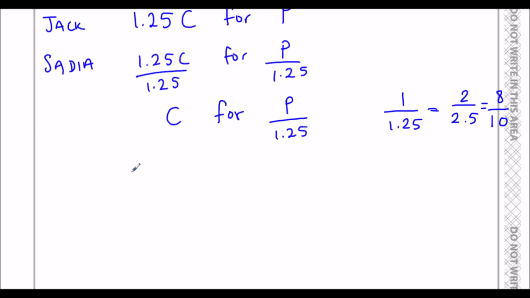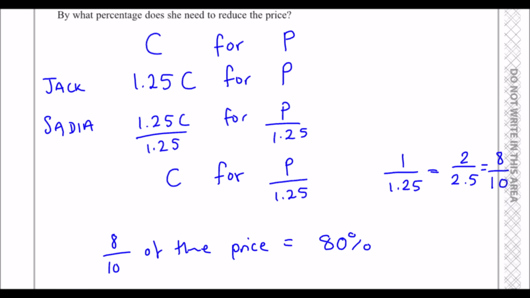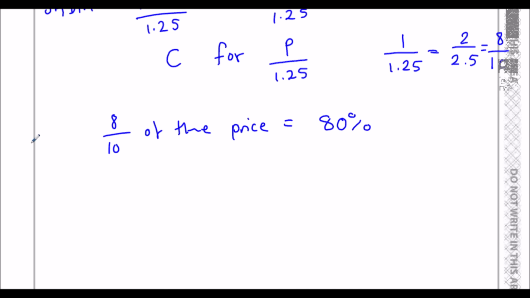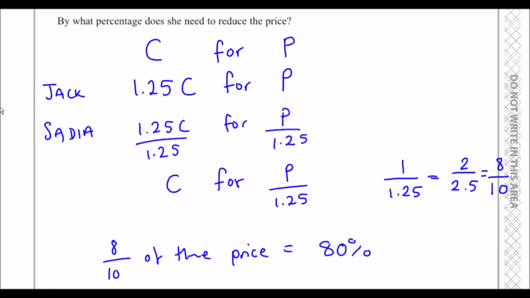So 8/10 of the price, which is 80% of the price. So by what percentage does she need to reduce it? She reduces it by 20%. To go from 100% to 80%, we reduce by 20%.